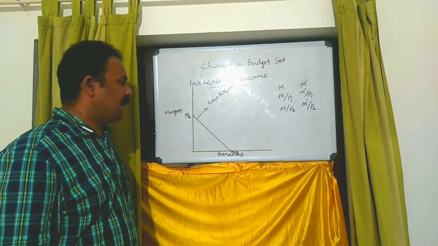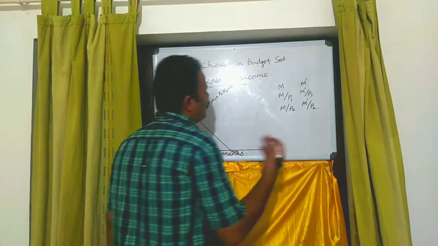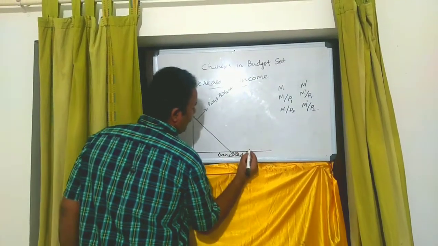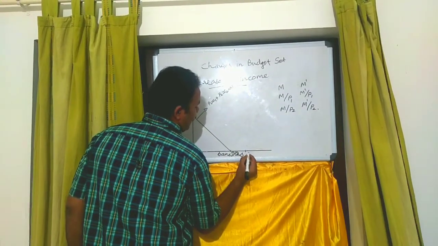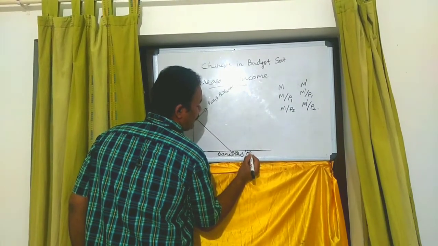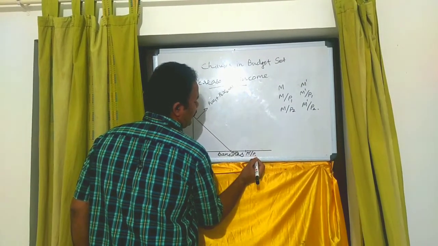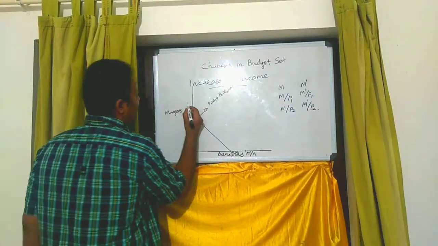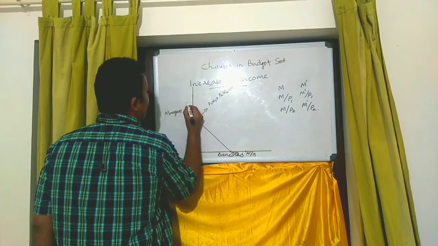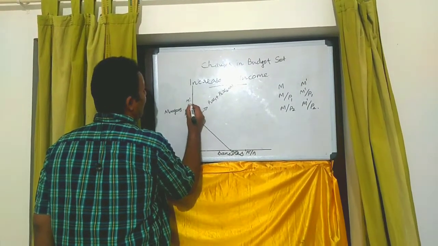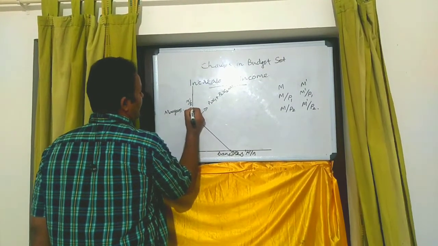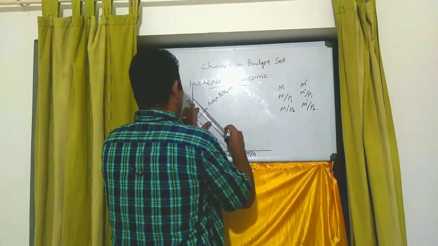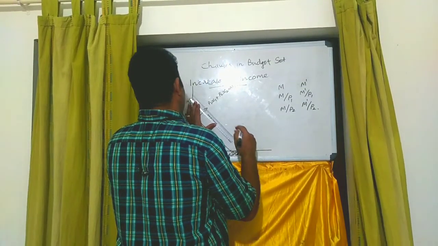Then due to change in income, M by P1 will shift rightward as M dash by P1, and the vertical intercept will shift upward as M dash by P2. Then we will get a new budget line.